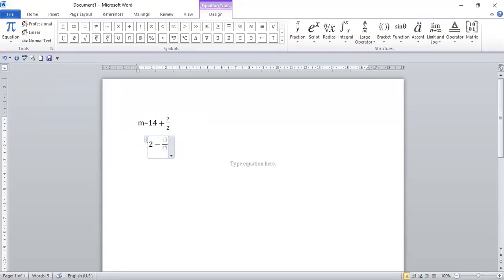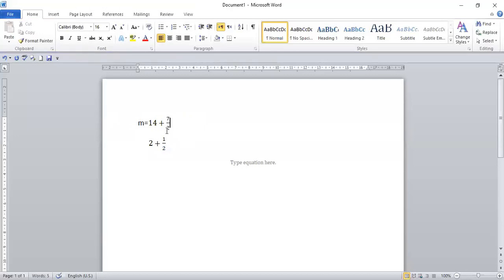Sorry, x1 is negative half. So negative into negative will again give you positive 1/2. This is how your formula for now is going to look like. Once you solve it, of course, it's going to be a bit different. The dividing line has to be between these two. I don't know, something went wrong, I cannot get it.